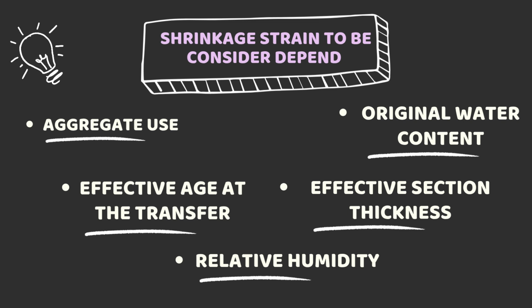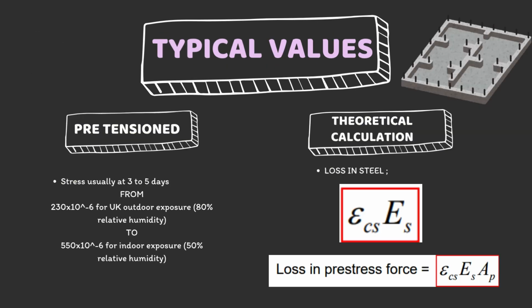Also, shrinkage strain depends on 5 things: aggregate used, effective age at transfer, relative humidity, effective section thickness, and lastly, original water content.